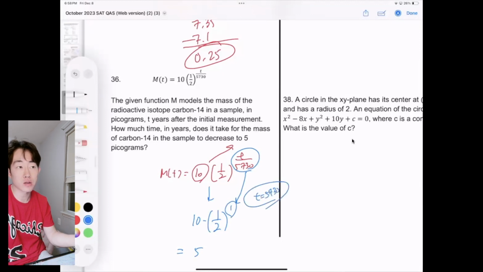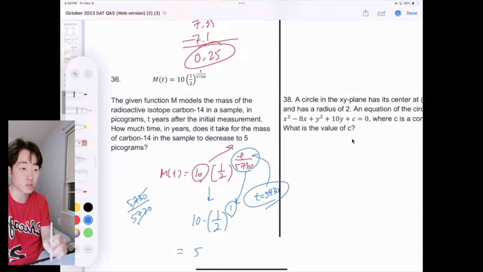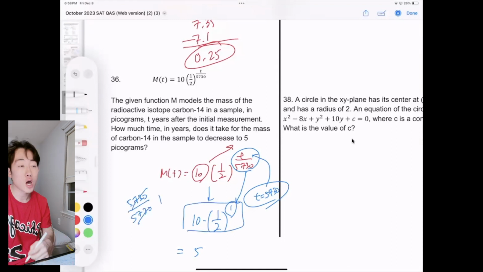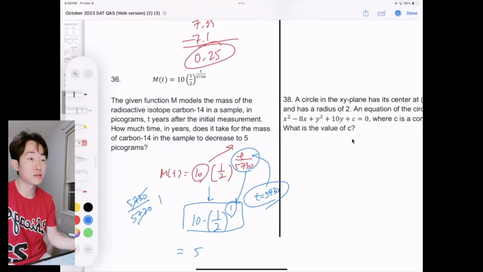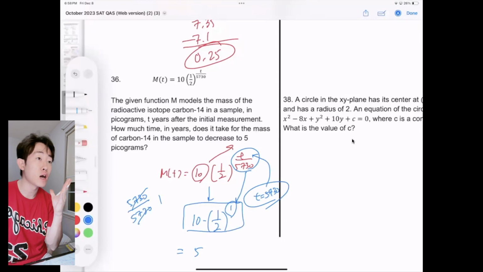Just 5,730 years. Because if you plug it in here, the 5,730 will divide by 5,730, which becomes 1. And that's what we want, because 10 times 1/2 to the first power is 5. And honestly, it looks like a hard question, but in disguise it's super simple.